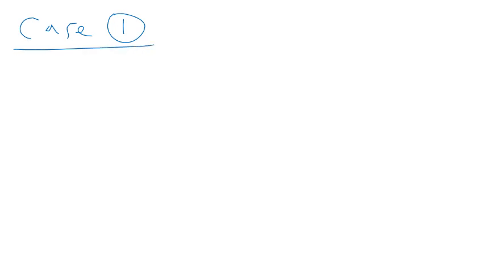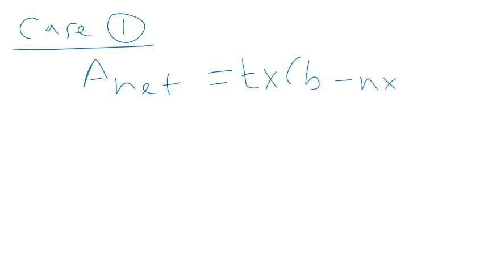As we drew earlier, first of all we need to find out the A net, or the net area available to transfer the force, and the formula for this is t into (b minus n into d).